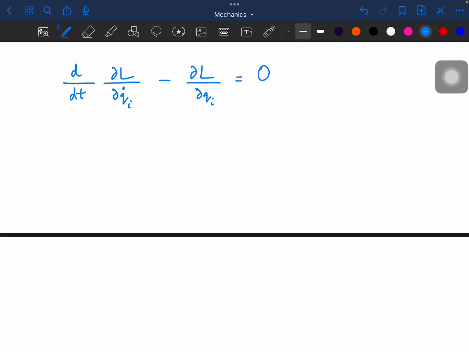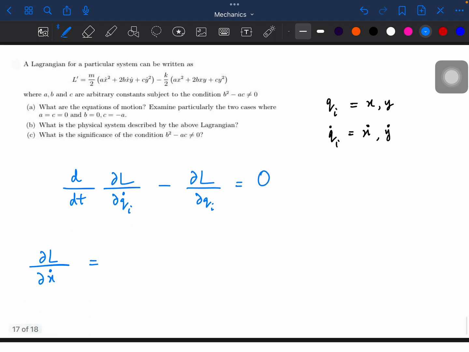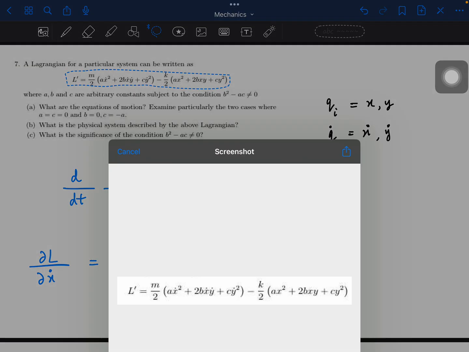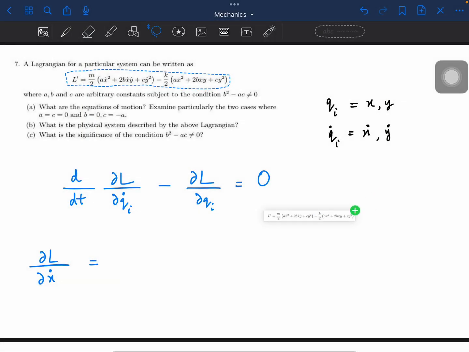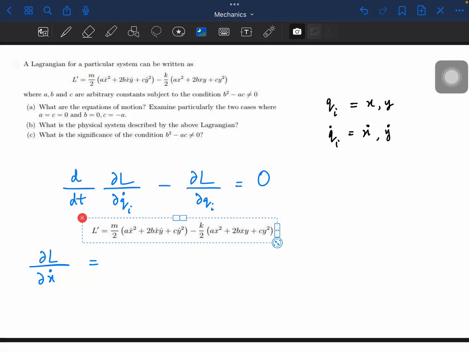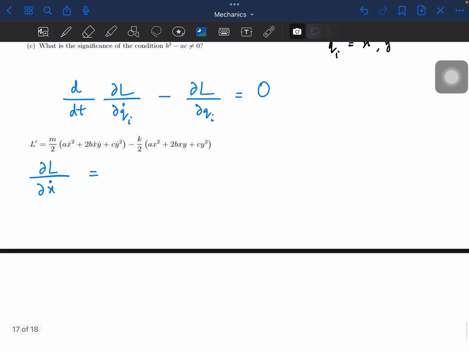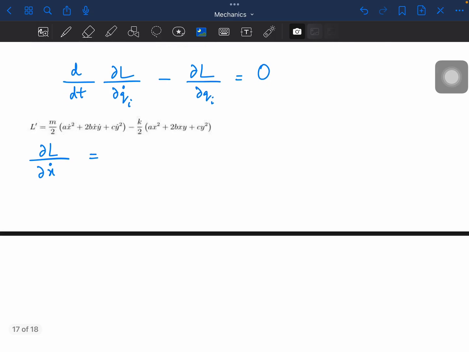So the first thing we have to do is find ∂L/∂x dot. To find this value, I'm just copy pasting the Lagrangian here. We have this Lagrangian. If we differentiate by x dot, as you can see, the first term is m/2 into (a x dot + b y dot) whole square.